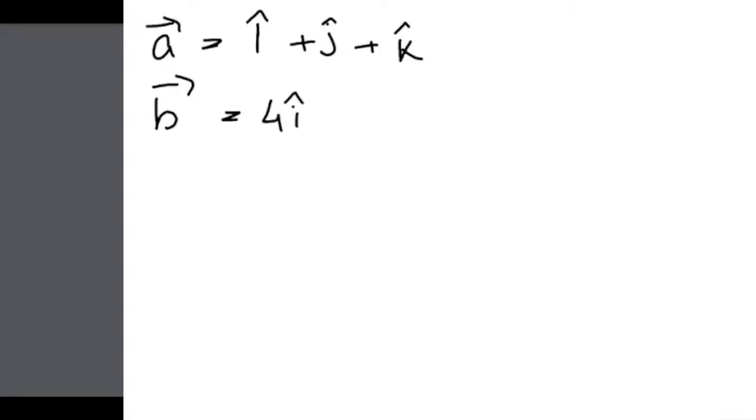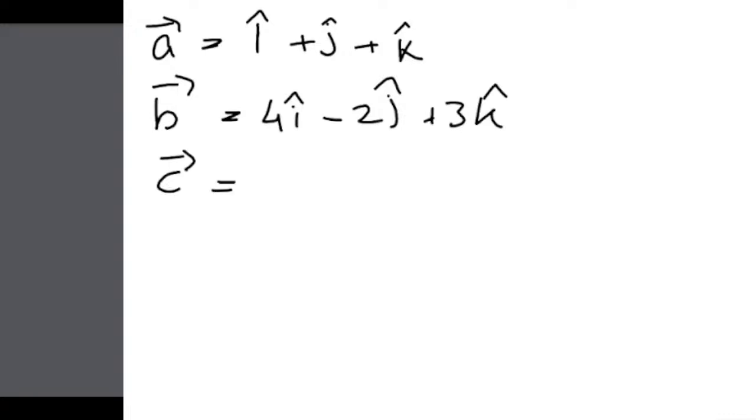So we have A vector is equal to I cap plus J cap plus K cap, right? And B vector is equal to 4I cap minus 2J cap plus 3K cap.